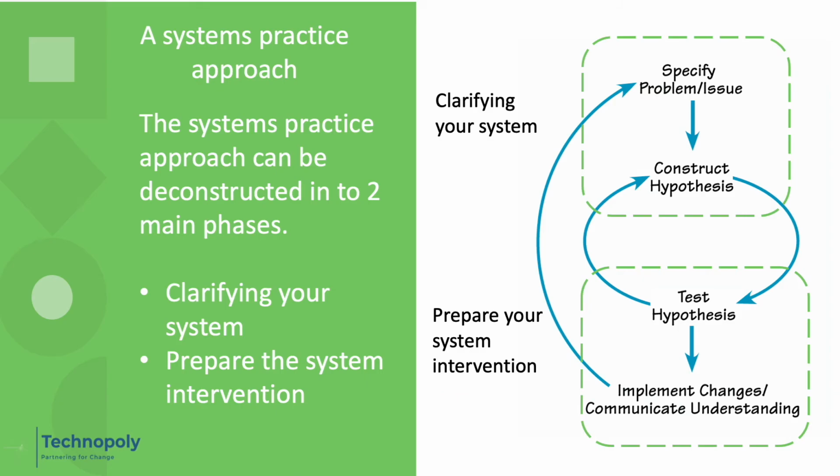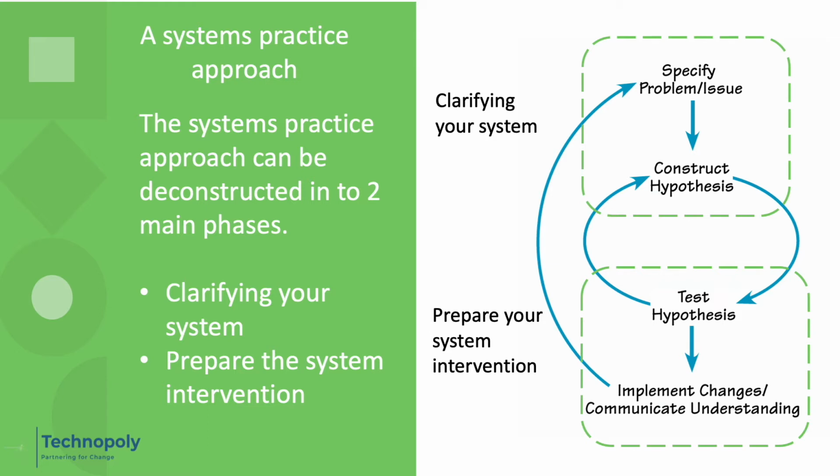Systems practice can be broken down into two major phases. The first phase is where we try to clarify the system that you're studying, and the second part is where you prepare how you might want to intervene and attempt to help the system be healthier.